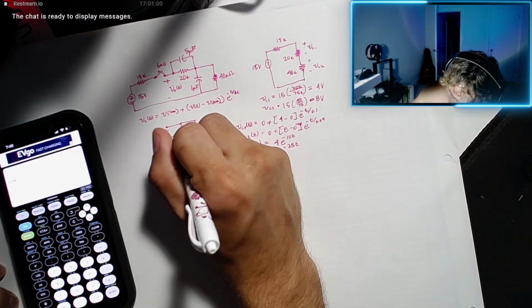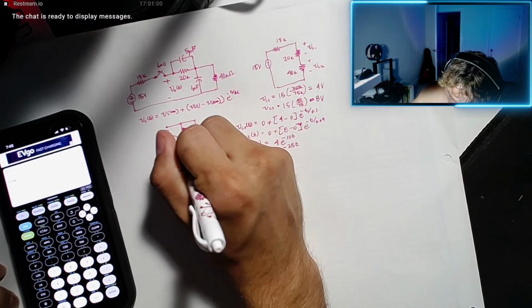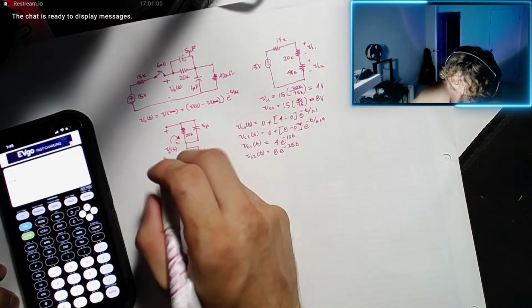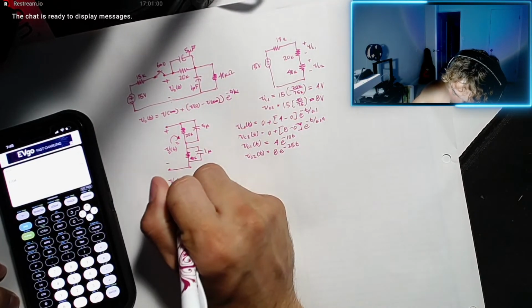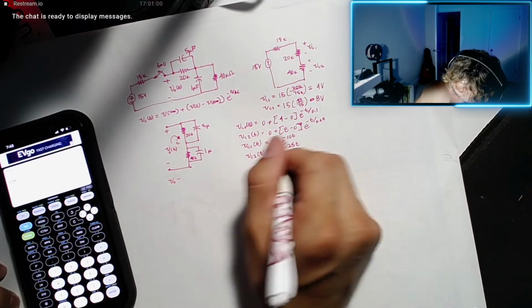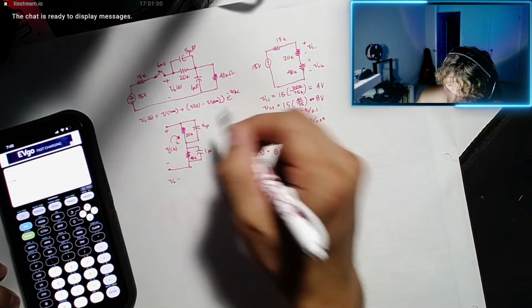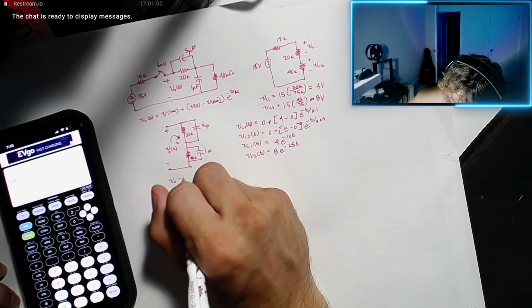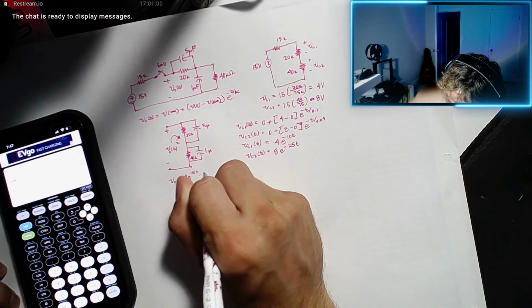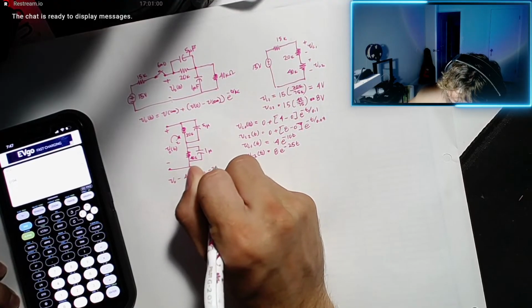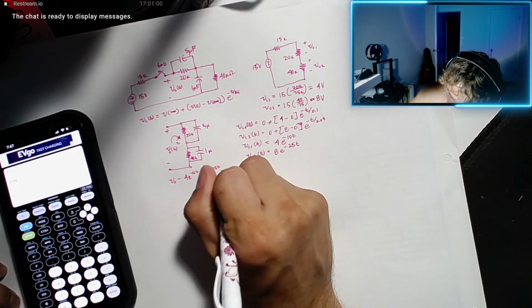Right, so if we used KVL and went around this loop, we would say that V naught minus those voltages developed across the resistors, which are these, 4e negative 10t minus 8e negative 25t equals 0.